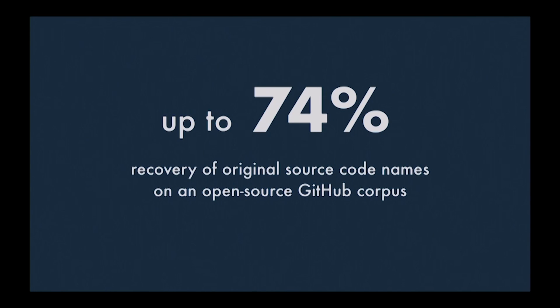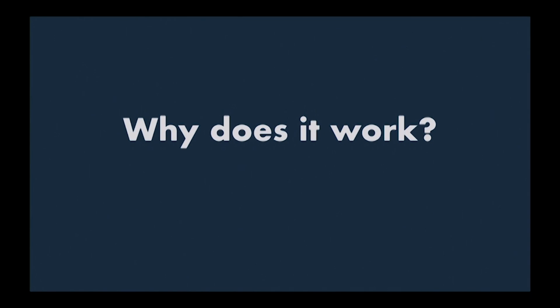So the results we have are pretty encouraging. We've done some tests on open source code that we pulled from GitHub. I'll tell you all about this later in the rest of my talk. They're pretty encouraging, so we can get a lot of these original names back using probabilistic approaches, and I'll show you how.